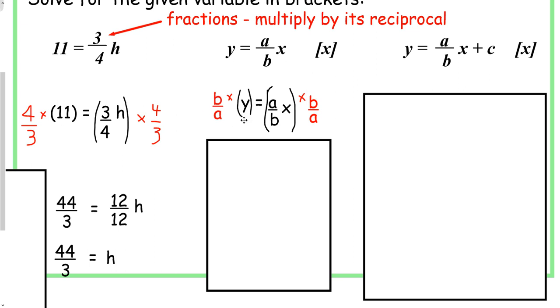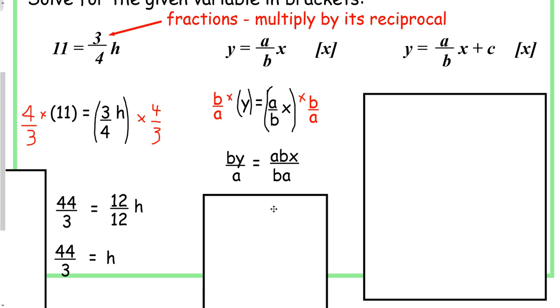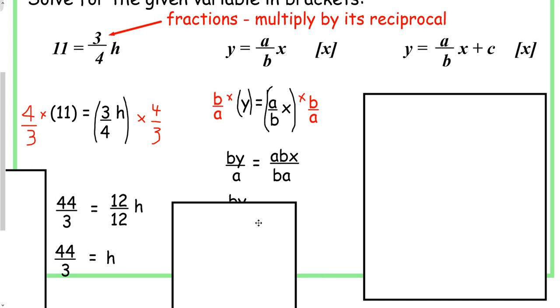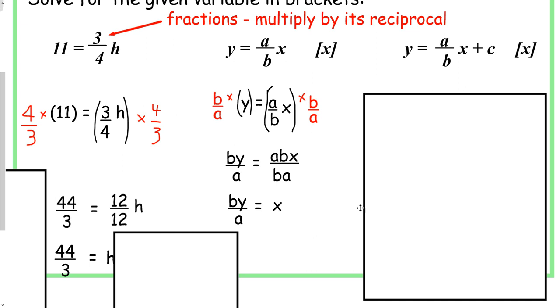There is a 1 underneath this y here. And then on the right, a x times b, and then b times a. There we go. And then just simplify. A over b is the same thing as b over a, so these can cross out, and you're just left with x.